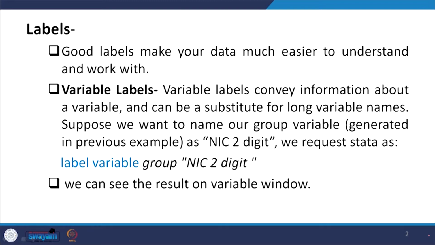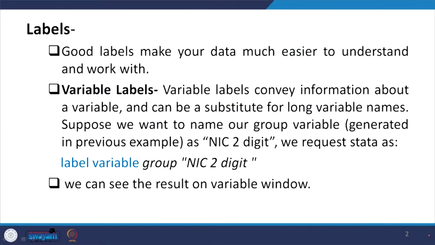Suppose, for example, we want to name the group variable generated in the previous example. We are referring to NSS data, NSS 7th round, where our data has a variable called NIC 5 digit label, the NIC classification 5 digit information.